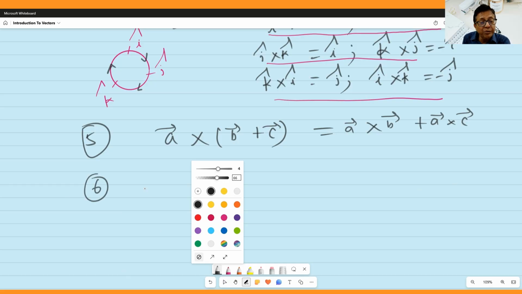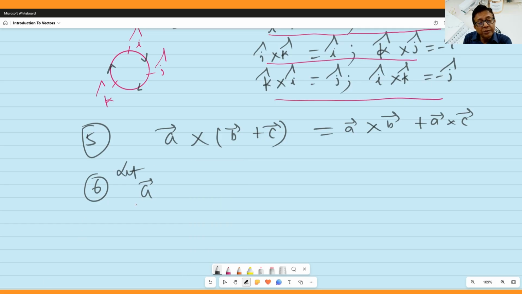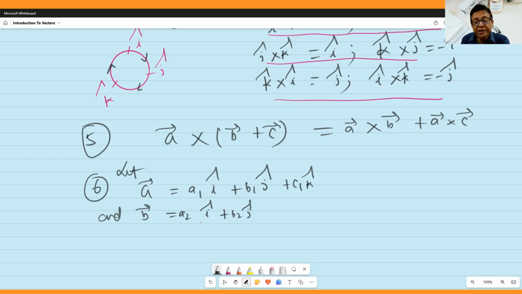Let A equal A1 I plus B1 J plus C1 K, and B equal A2 I plus B2 J plus C2 K. What is the result of the cross product here?